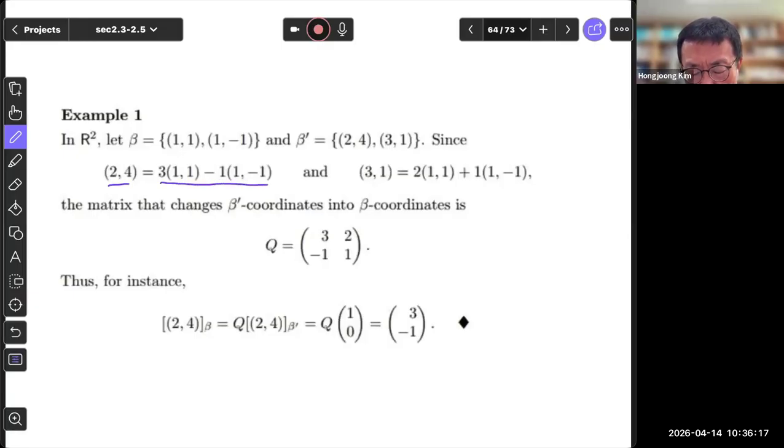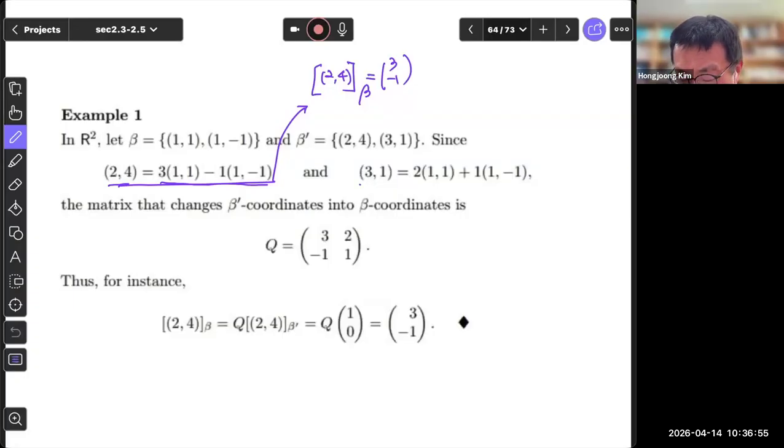So the coordinate of the (2, 4) vector with respect to beta is (3, -1), right?